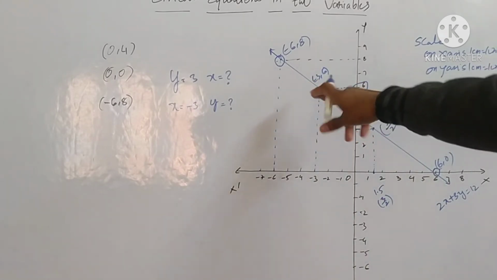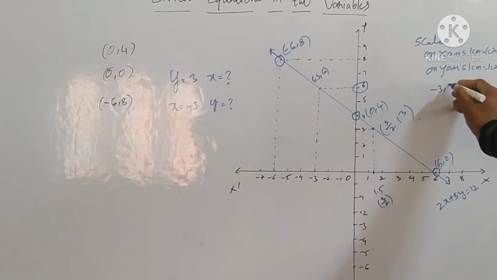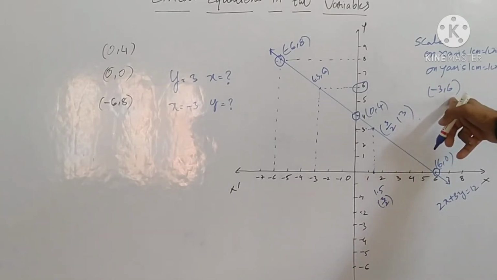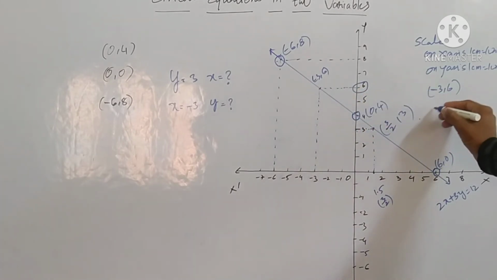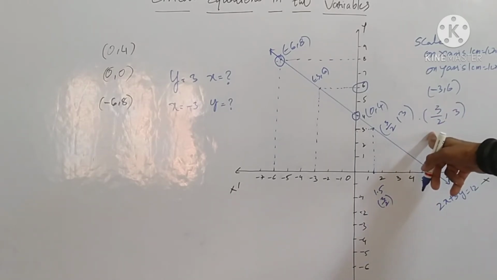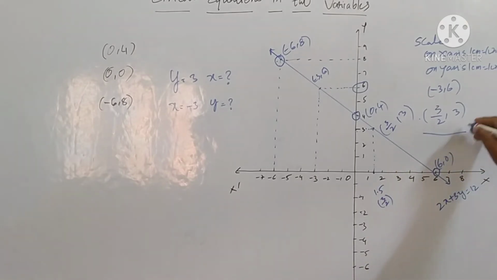So here the solutions are minus 3 comma 6. When x is equal to minus 3, what is the value of y? It is 6. And again, 3 by 2 comma 3. When y is equal to 3, what is the x value? It is 3 by 2. These are the final solutions.